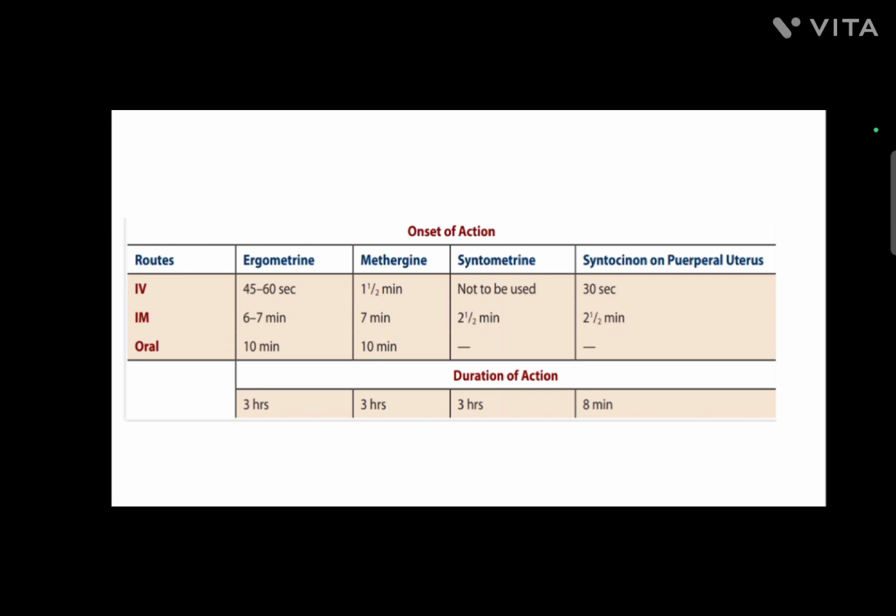Do remember that. Now we'll do the comparison between these drugs: ergometrin, methergin, sintometrin and syntocin. How can they be used? Remember, ergometrin and methergin can be used orally.